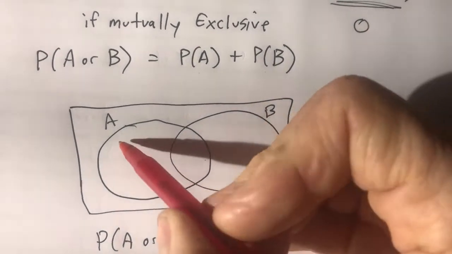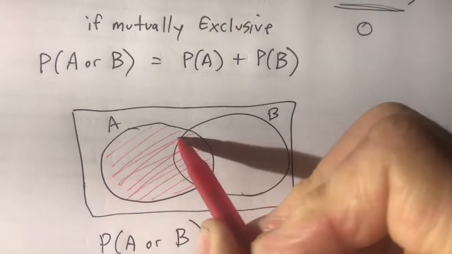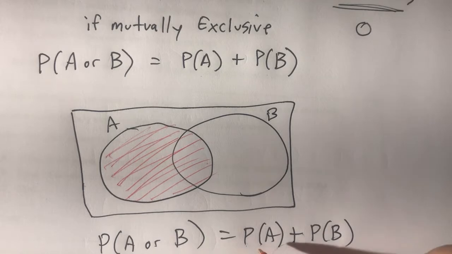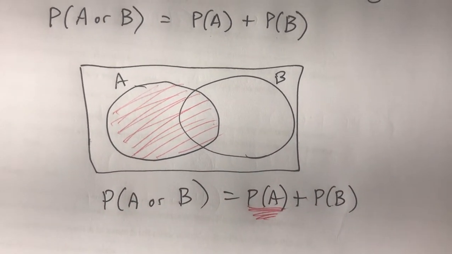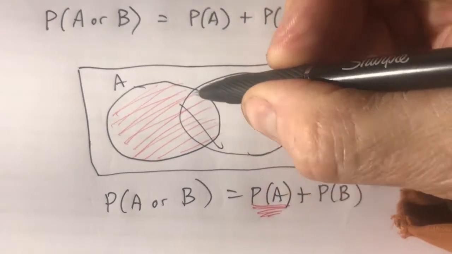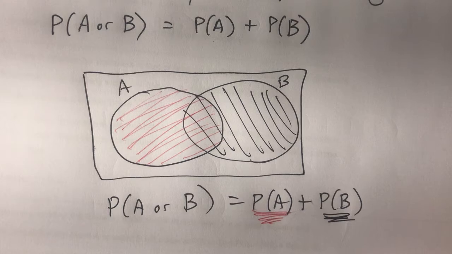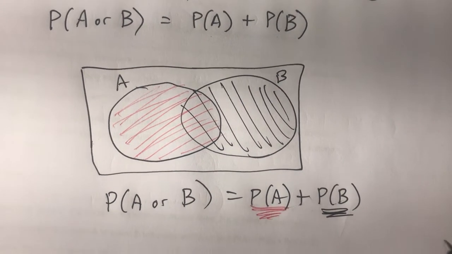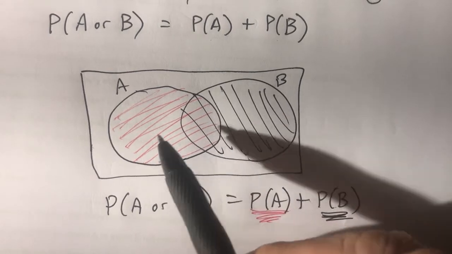All right, so here's A right here. So I'm going to shade this in. There's A right there, so that's this one, shaded in. Okay, now the probability of B, I'm going to shade it with this black. So that's the probability of B. Okay, but if you notice, this right here where it's A and B, the intersection, I've counted it twice now.